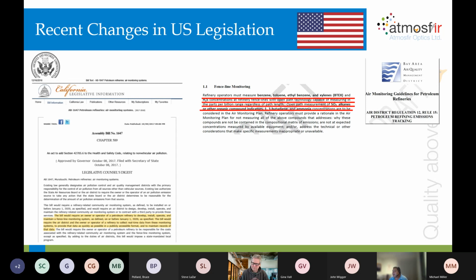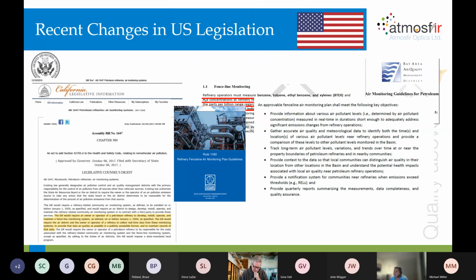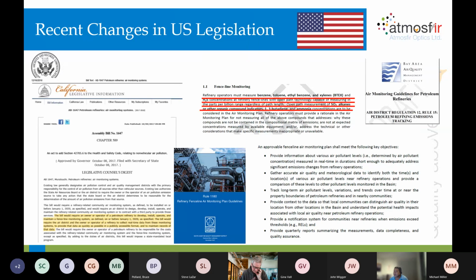In the Bay Area, it's the BTEX and supposed to be the alkanes, once we put at the end ammonia, SO2, and other organic compounds, and report to the public on a real-time basis. And the South Coast rule is called Rule 1180, and it's a little bit more clear on what to do.